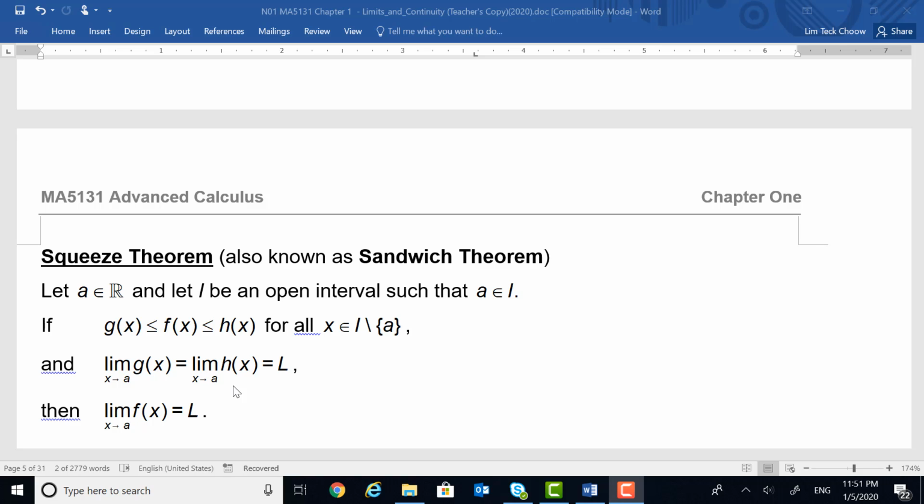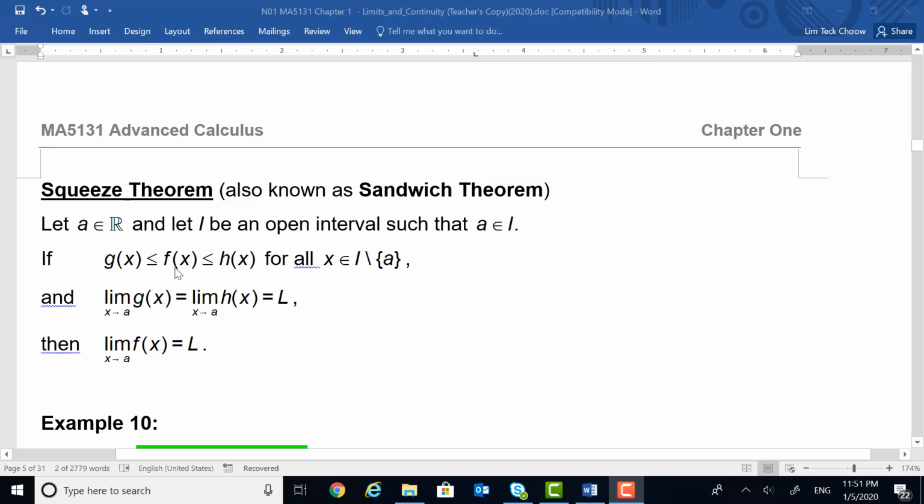The squeeze theorem says that if you have a function that is sandwiched by two others throughout the interval I, except for the point in question, and if the limit of g(x), the lower bound, and the limit of h(x), the upper bound, have the same limit, then this theorem says the function in the center will also take on the same limit.